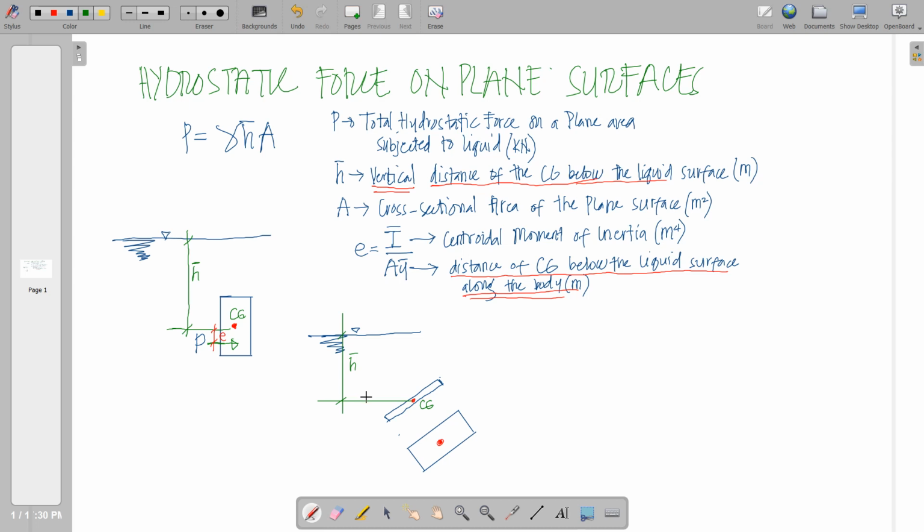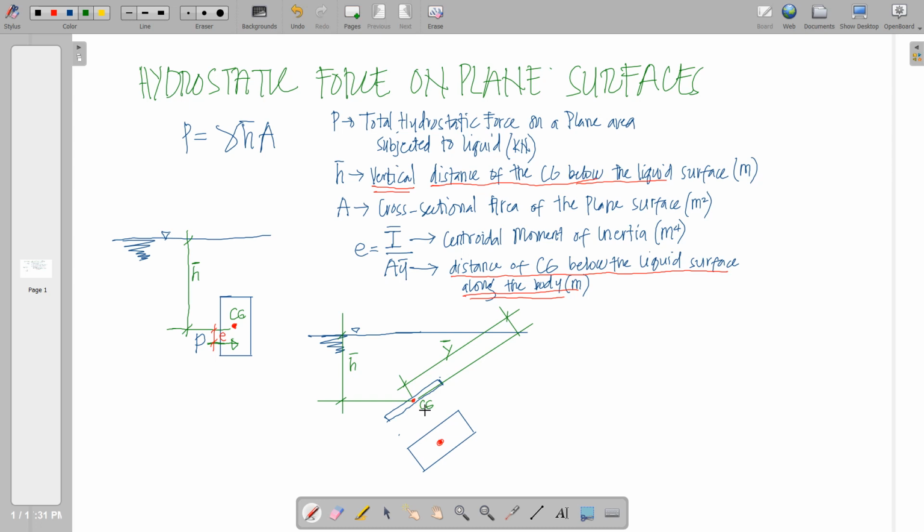What is the difference on ȳ? ȳ here is to project this line up to our liquid surface, so this distance is our ȳ. The difference is that h̄ is vertical and ȳ is inclined along the body.